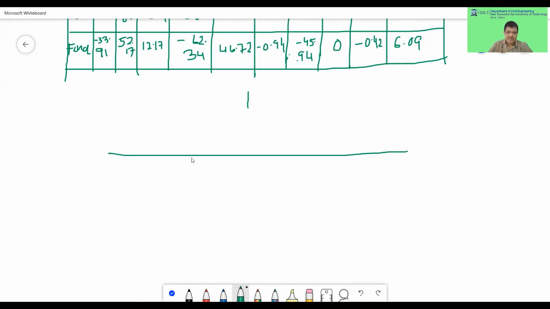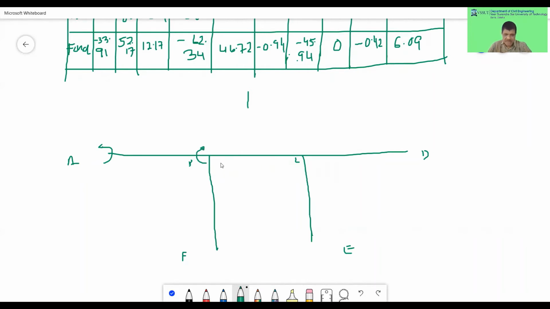Fixed here, and this is A, B, C, D, E and F. What is the value of AB? AB is minus 33, which means it is acting anti-clockwise. BA is plus, so it is acting clockwise.